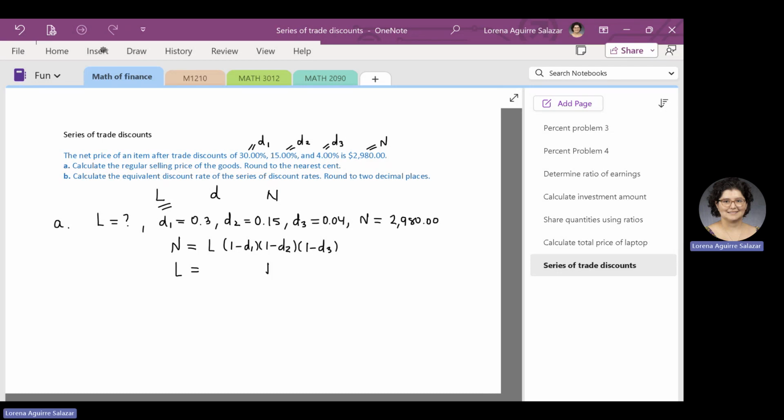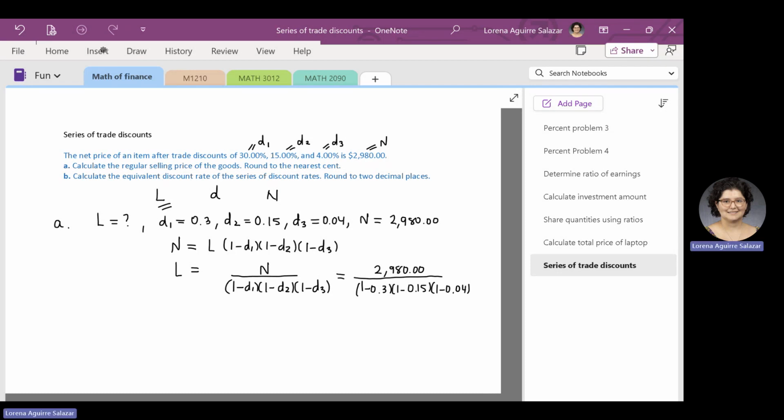So in particular, we can find L in terms of N, D1, D2, and D3. We have that L is equal to N divided by (1 minus D1) times (1 minus D2) times (1 minus D3). And N is $2,980. And we're dividing that amount by (1 minus 0.3) times (1 minus 0.15) times (1 minus 0.04).